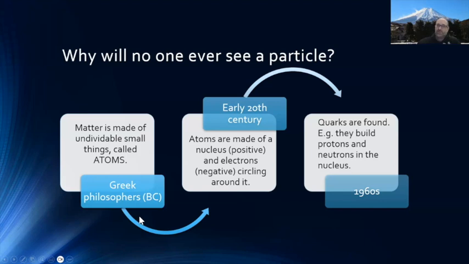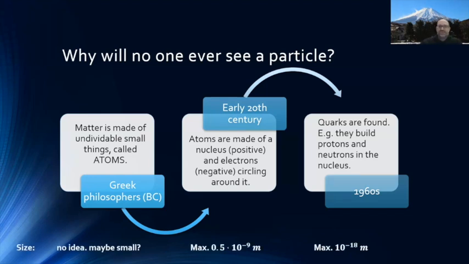They thought, okay, such an atom is somehow divisible. We have a nucleus, which is positively charged, and we have electrons, which are circling, however they do this, around the nucleus. And in the 1960s, they found even more particles inside the atom, which are the quarks, which make up the protons and the neutrons.